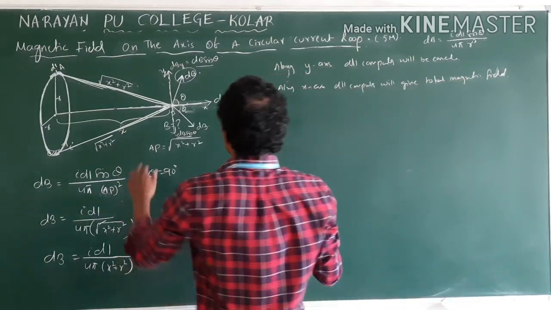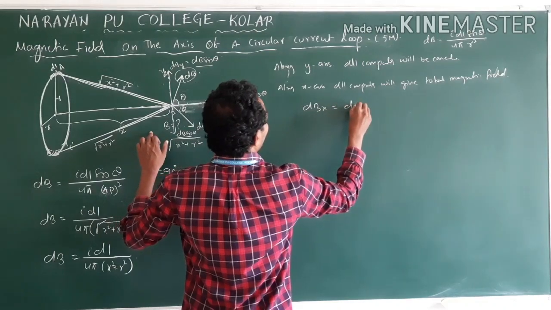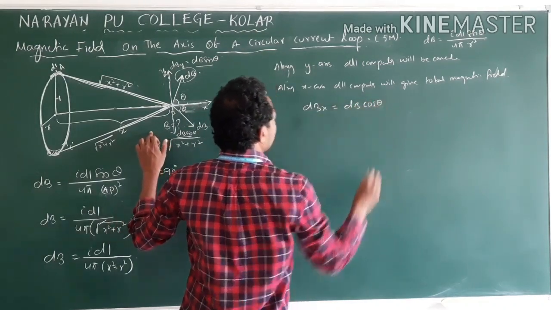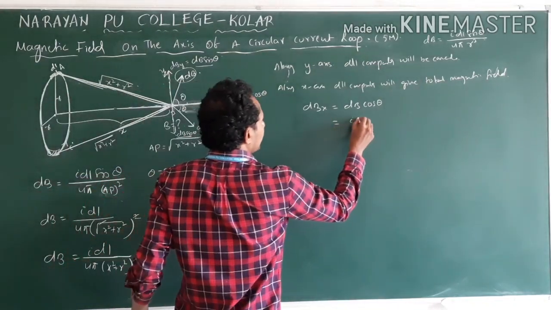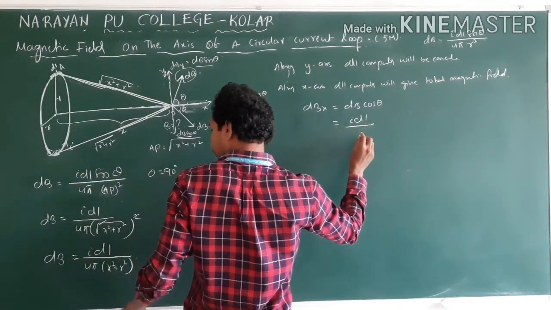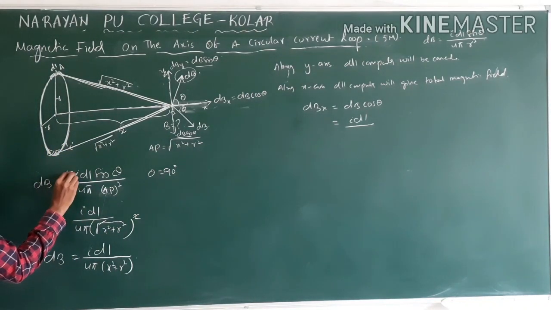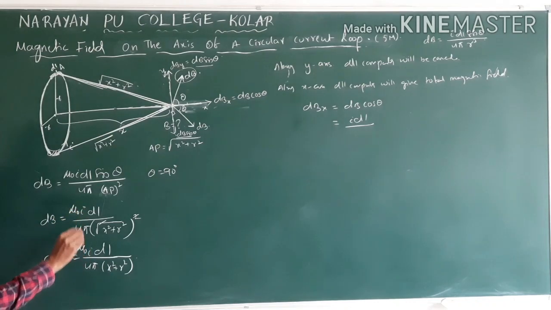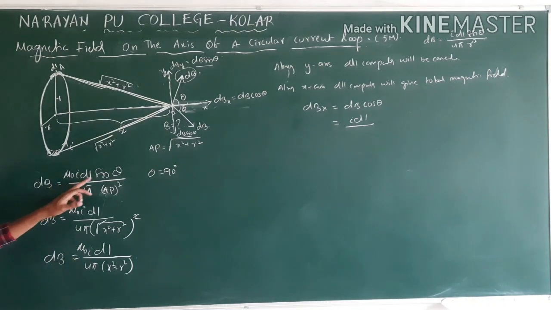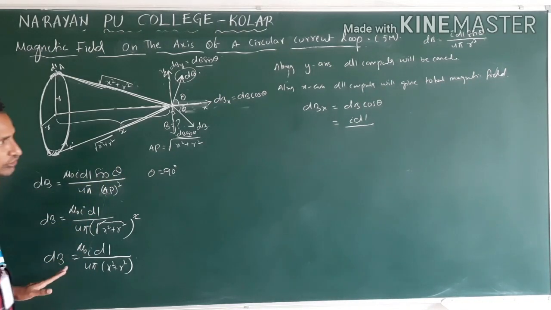Okay? Now, dBx is equal to dB cos theta. What is dB? dB is mu naught I dl sin theta by 4 pi r squared. Here sin theta is sin 90 degrees, which is 1.